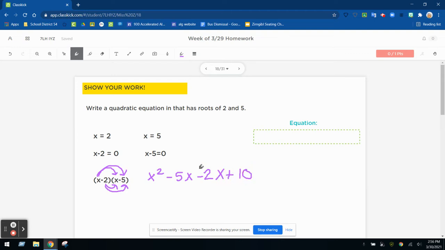Now I have a quadratic equation. I can combine like terms. I'm going to have x to the power of 2 minus 7x plus 10. And I think they're going to want us to set it equal to 0. So there's our quadratic equation.